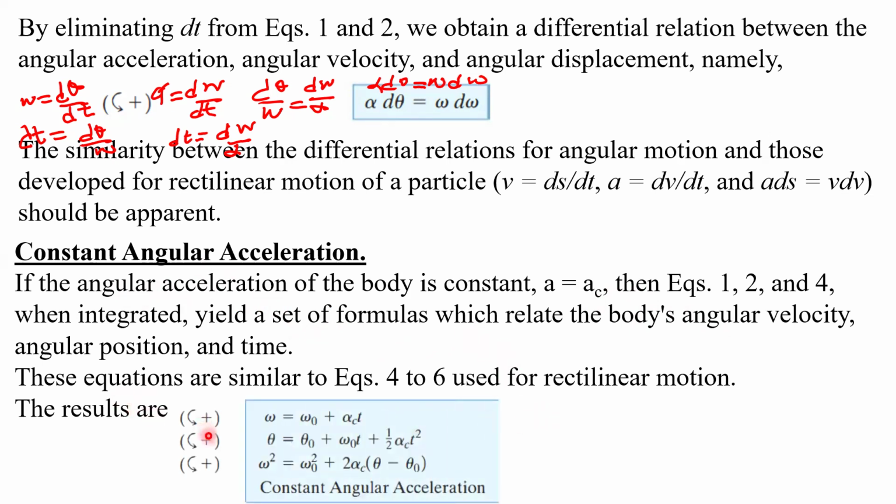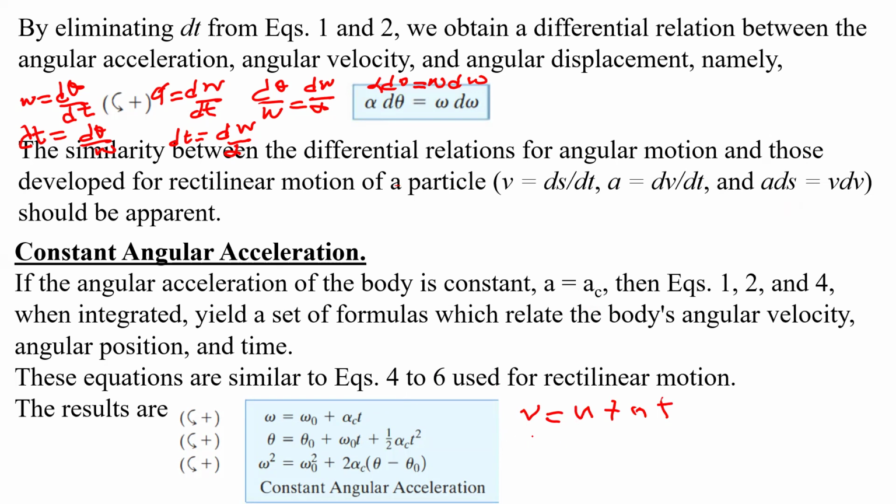So for the linear motion, we have similar equations. The first equation is omega naught plus alpha c t. The similar one for rectilinear motion is v is equal to u plus at.